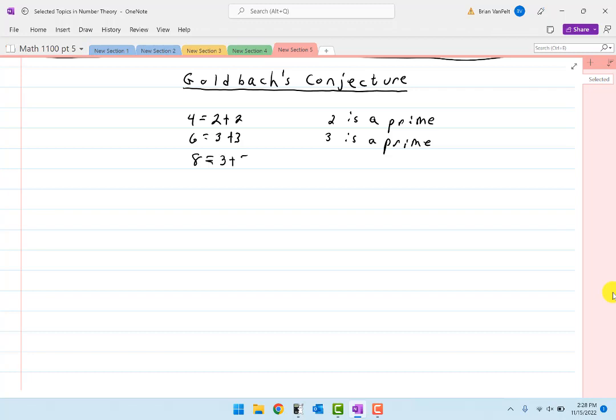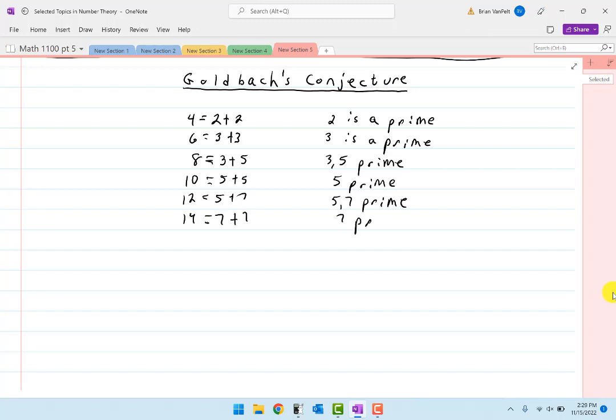So 8 could be 3 plus 5. 3 and 5 are prime. I can do 10. 10 equals 5 plus 5. 5 is prime. 12 equals 5 plus 7. 5 and 7 are prime. 14 equals 7 plus 7. 7, of course, is prime. 14 can also equal 3 plus 11. 3 and 11 are prime.